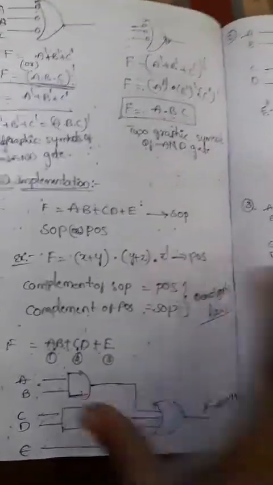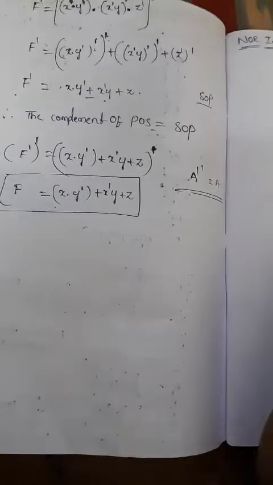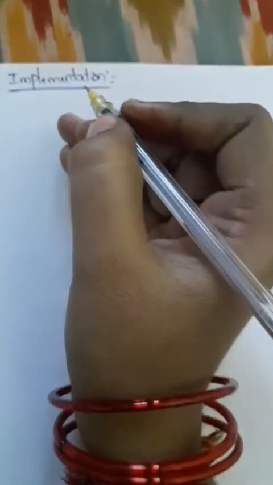In NOR implementation, the same rules we follow in NAND implementation will be followed, except for one thing: to implement any Boolean function with NOR gates, it requires that the function be simplified in product of sum.